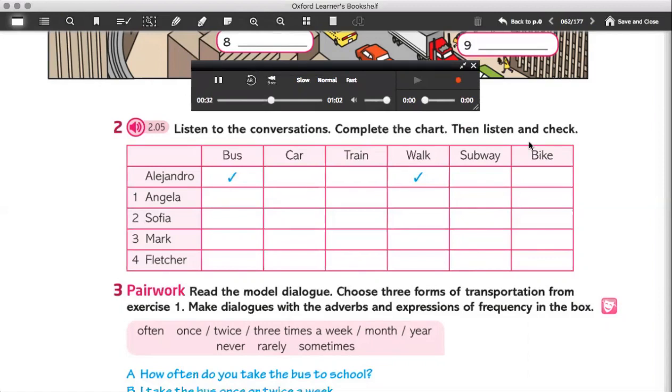How do you go to school, Sophia? Do you take a bus? No, I don't. I go to school by car with my mom. She works near my school. 3. How do you go to school, Mark? I usually take the train, or I sometimes go by car with my dad. 4. How do you go to school, Fletcher? I ride my bike every day. I love it.